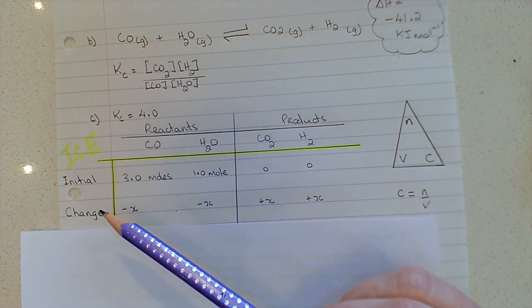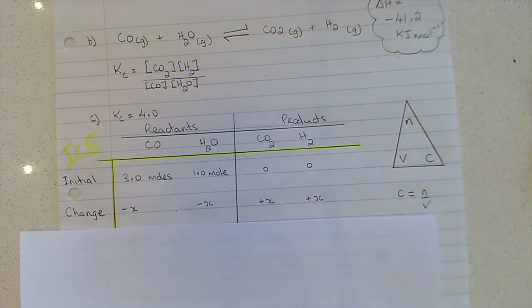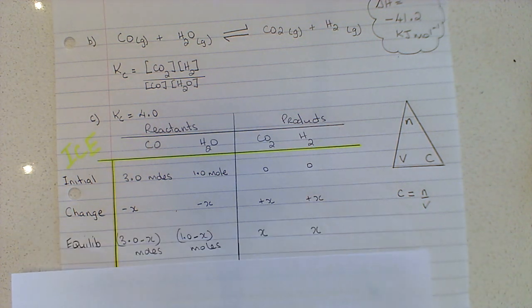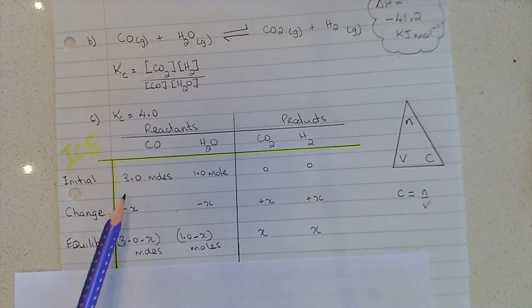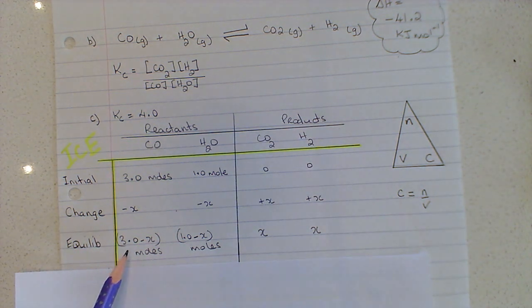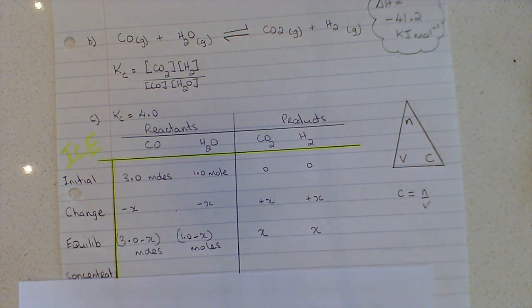So that's the change in the amounts or moles of our reactants and products. So therefore, at equilibrium, we have ended up with 3.0 minus X moles of carbon monoxide, 1.0 minus X moles of water, and we have X moles of CO2 and X moles of hydrogen, H2.